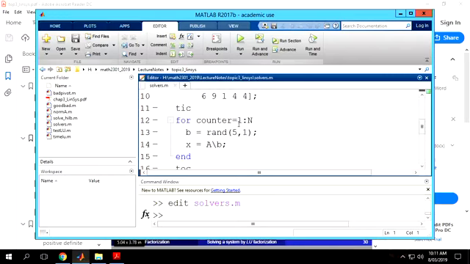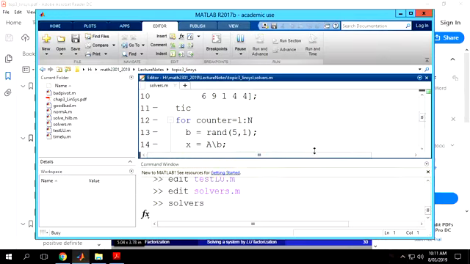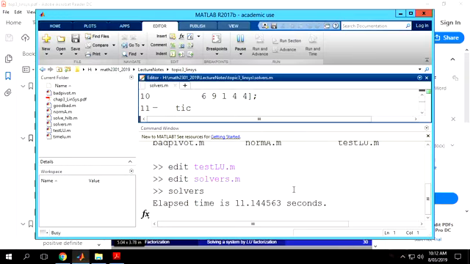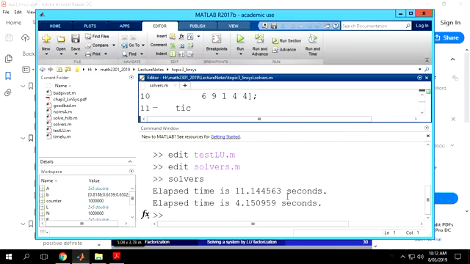And now you run it. You will see that there's a time difference between the two ways. Sorry, the direct solver takes about 11 seconds, but LU factorization is about 4 seconds.